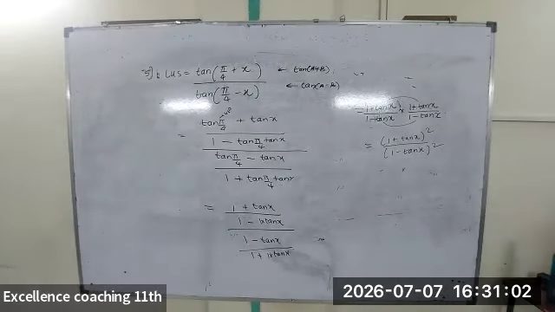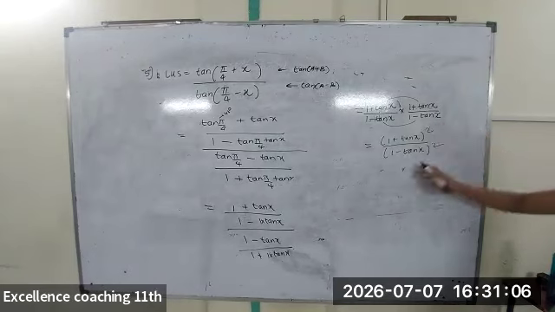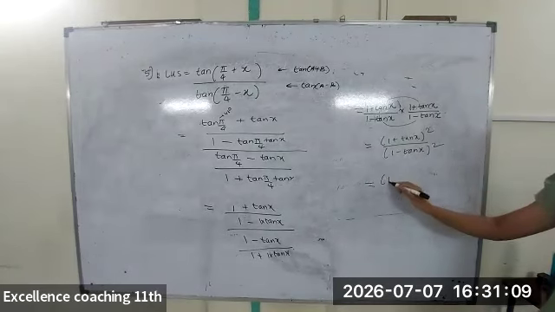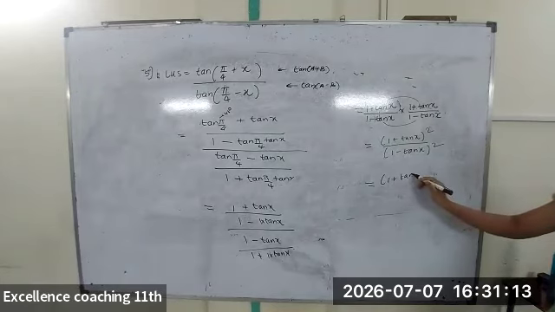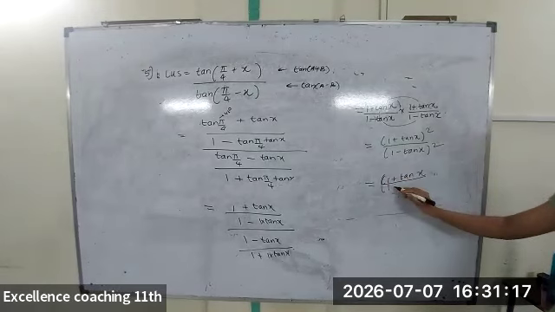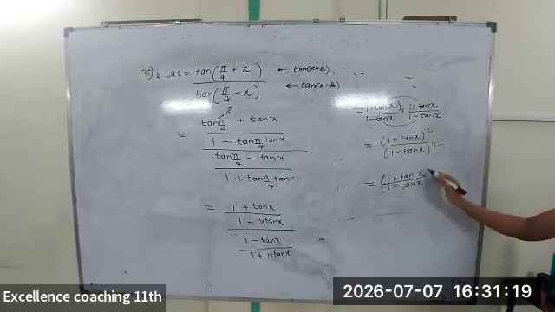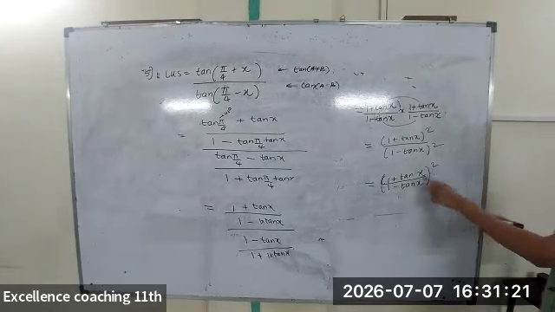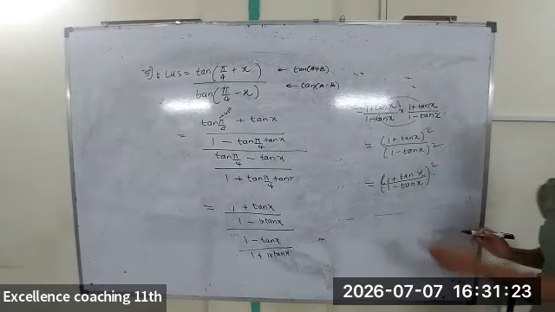Is the square common as given there? Yes, square belongs to the numerator also, square belongs to the denominator also. So you can make the square common, just because the answer is asked that way. So make the square common because it belongs to both numerator and denominator. Nothing but equals RHS.